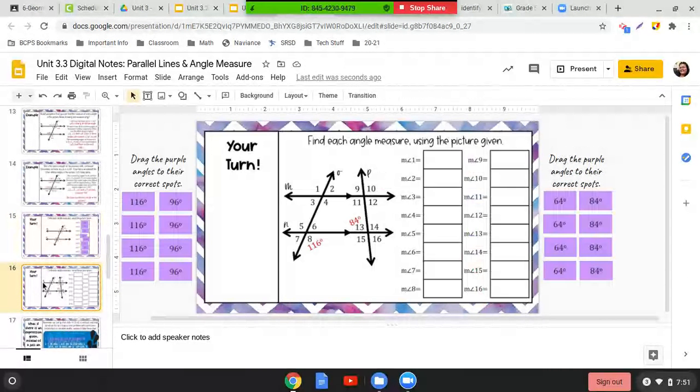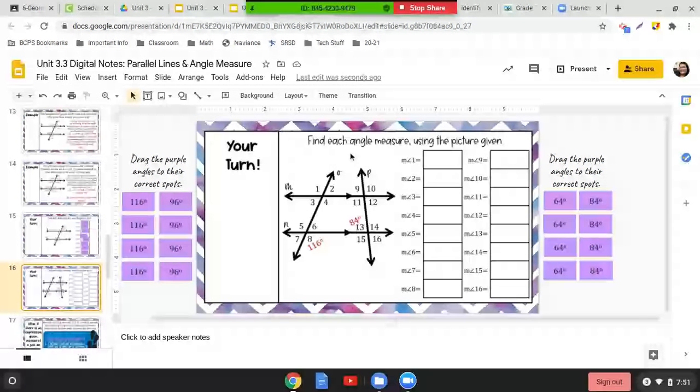So what your job is for today is you're going to complete finding the angle measures for all of these angles. You're given an acute angle on this cluster for this transversal, and an obtuse measure of angle on this transversal.